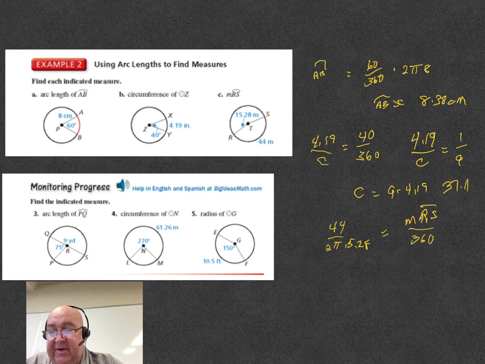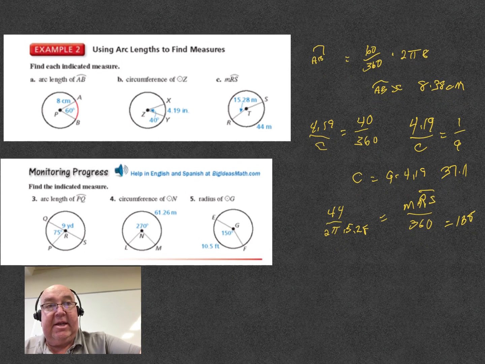So we're going to divide that, and we're going to end up with 165 degrees. So we divide and then multiply by 360.